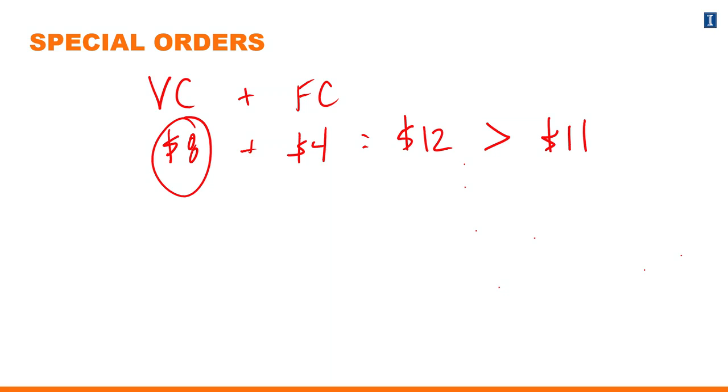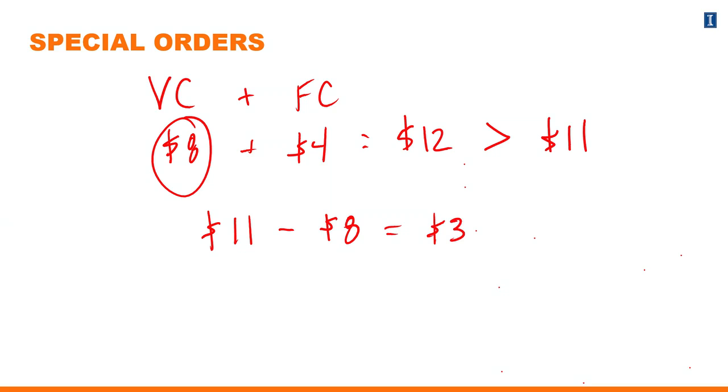So, a more realistic view of the incremental impact of accepting this order and selling North Star these additional 2,000 grinders is $11 in terms of revenue per unit and $8 in terms of variable cost, the difference being $3 per unit.